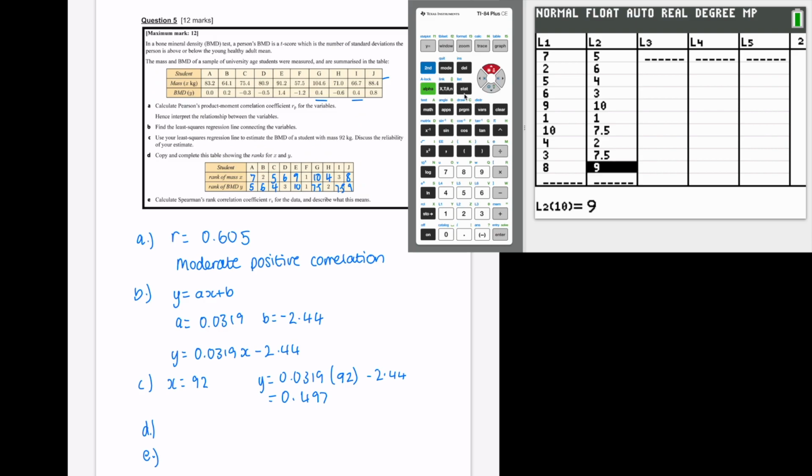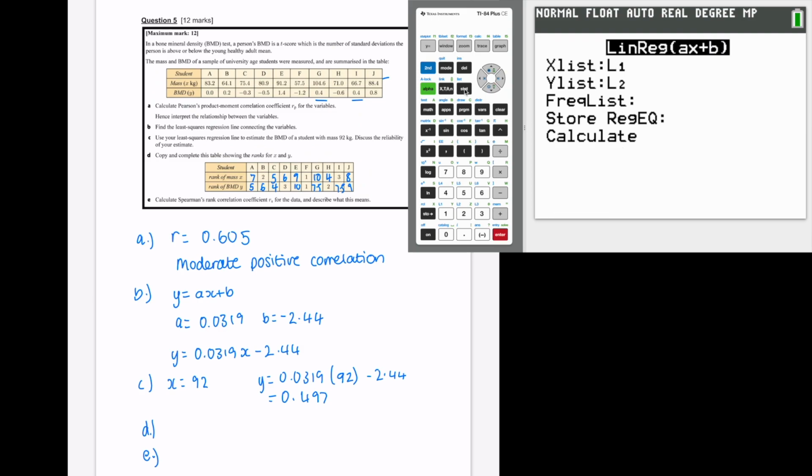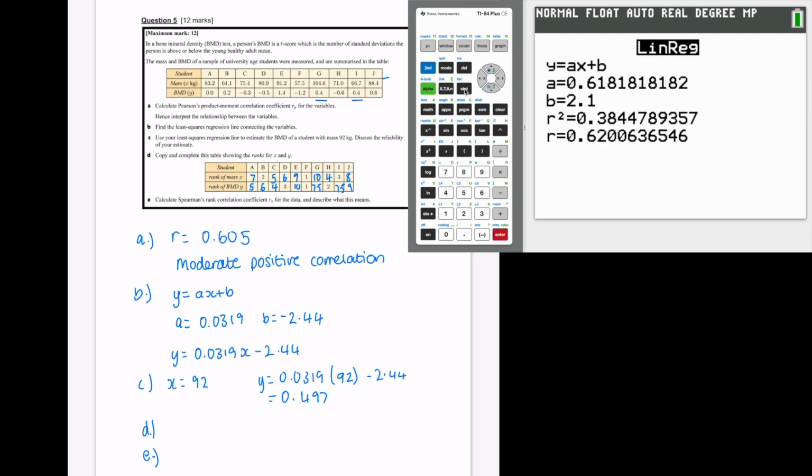So this is my ranked data, and I'm now going to do the same as before. So my R value this time for Spearman's rank is 0.620.